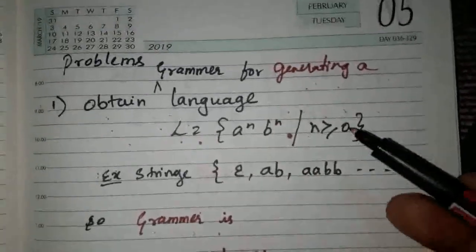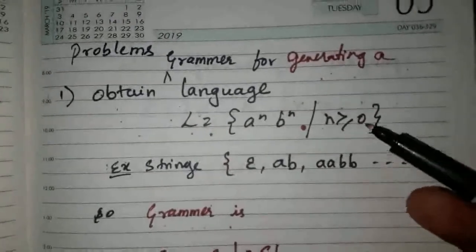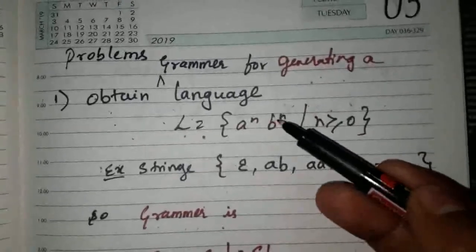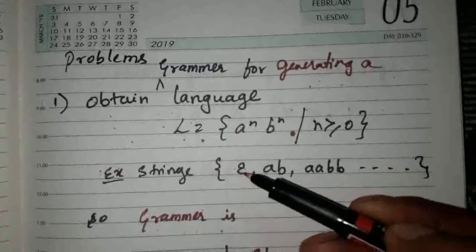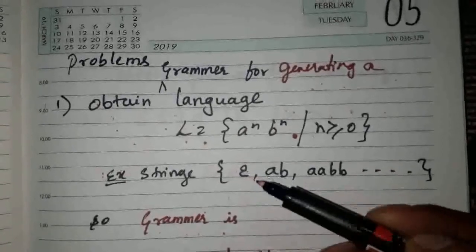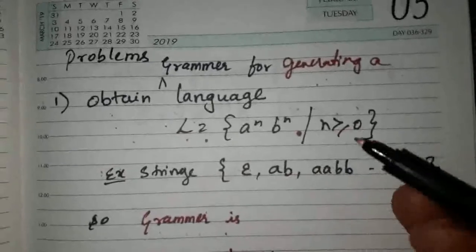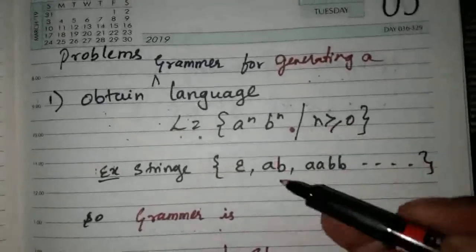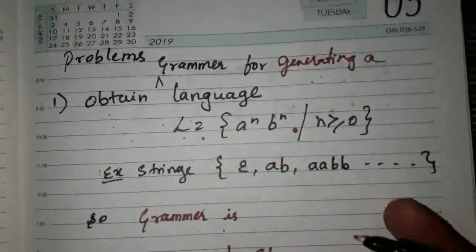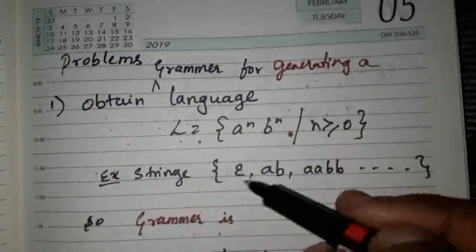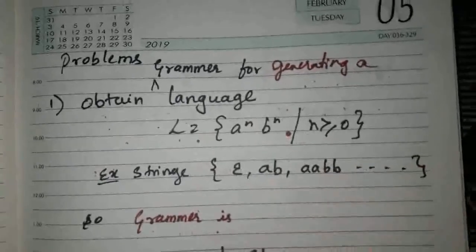Now see here, if the number of A's is 0, I have 0 A's and 0 B's, so the string that I'll get is epsilon. Now if the value of n is equal to 1, I have AB. If the value of n is equal to 2, I have double A followed by double B. So these are the example strings for the given language.